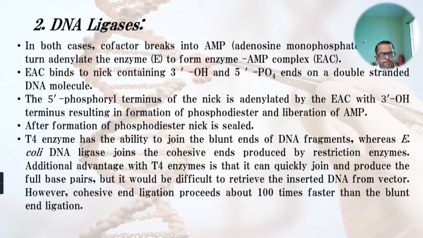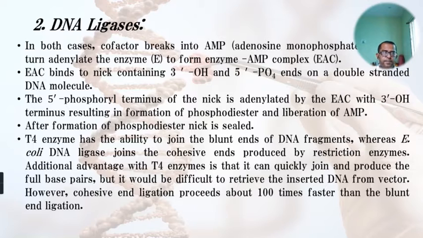In this case, the T4 DNA ligase enzyme joins the blunt end fragments of the DNA molecule, while the DNA ligase enzyme taken from E. coli has the capacity to rejoin the cohesive ends which are produced by the restriction endonuclease enzyme.